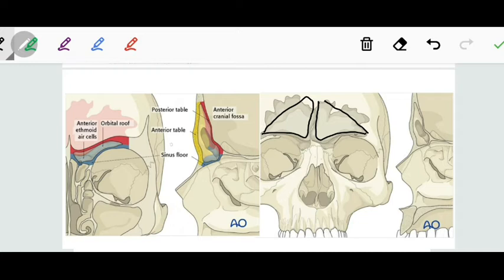And on coronal section, this is the outer table or anterior table, this one is the posterior table, and in between these tables lies the triangular shaped frontal sinus. Okay.